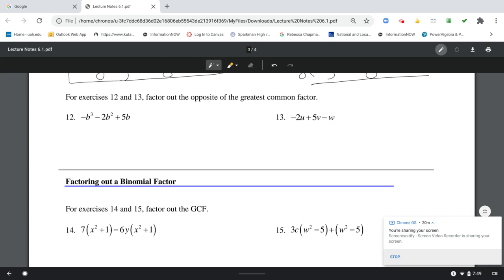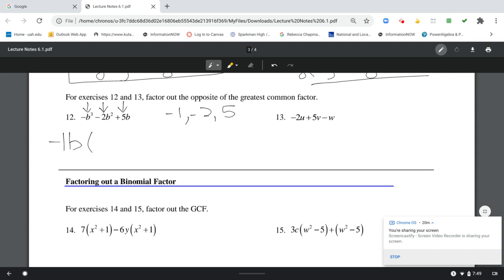So in number 12, for the greatest common factor, I have a -1, a -2, and a 5. The greatest common factor between those numbers is a 1. Now, since my first term is negative, I am going to take out -1. The next thing I look for is the fact that all of my terms have a b. All three terms have b, so I take the smallest exponent.